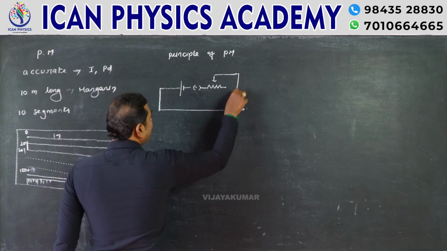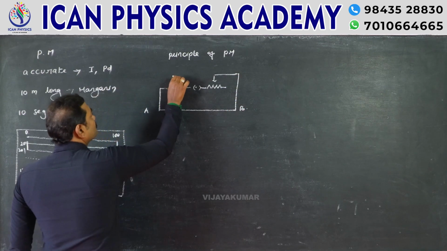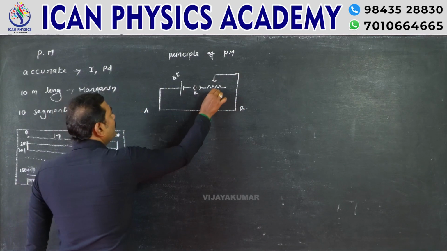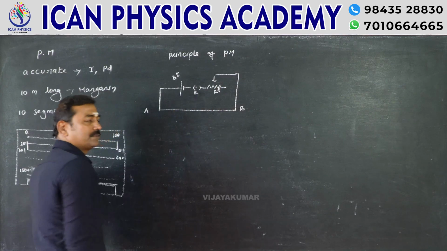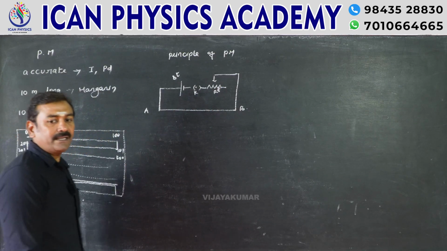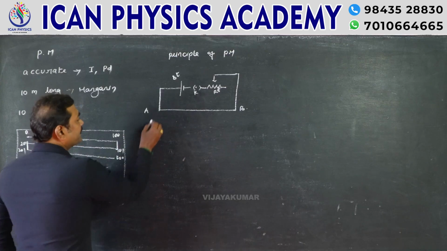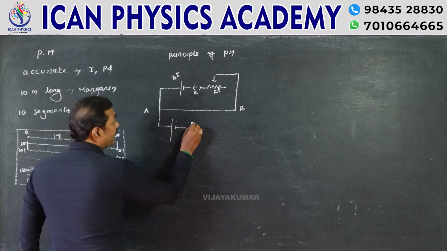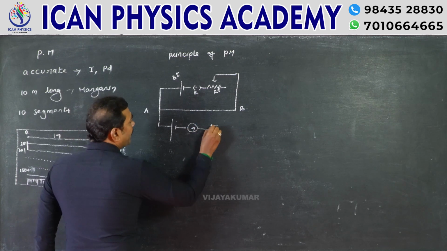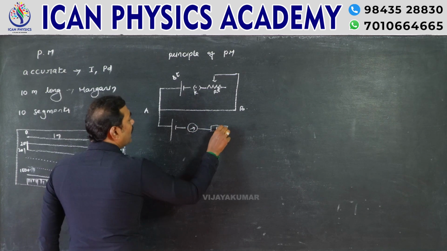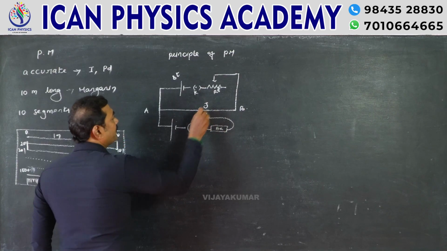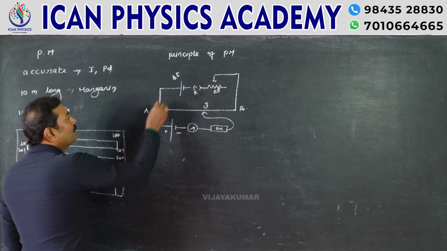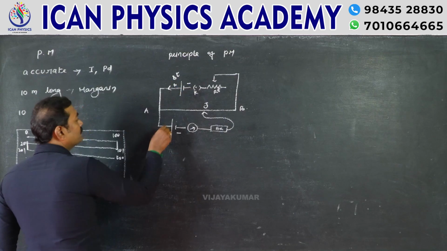The battery, key and rheostat form the primary circuit. In the secondary circuit, it is connected with a battery, a galvanometer, a high resistance and a jockey.